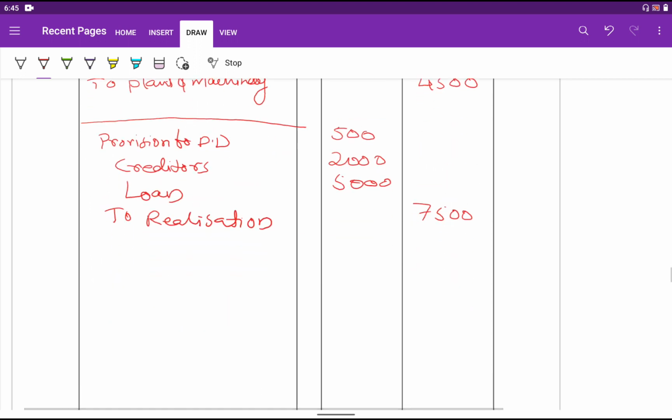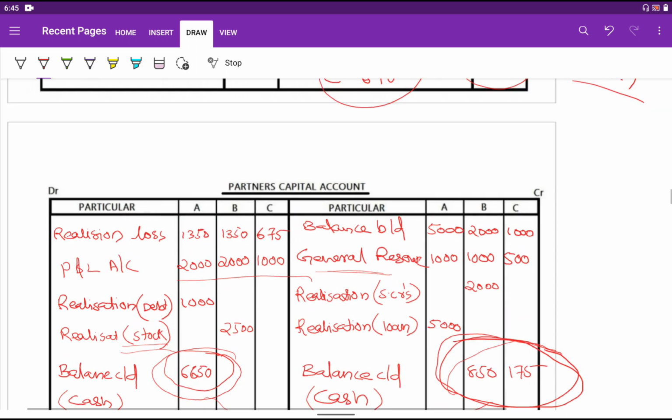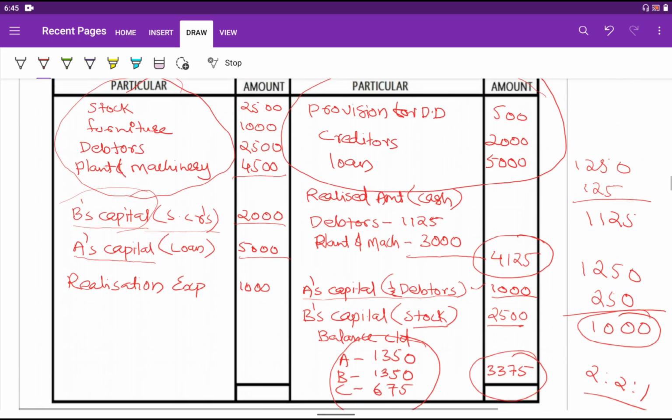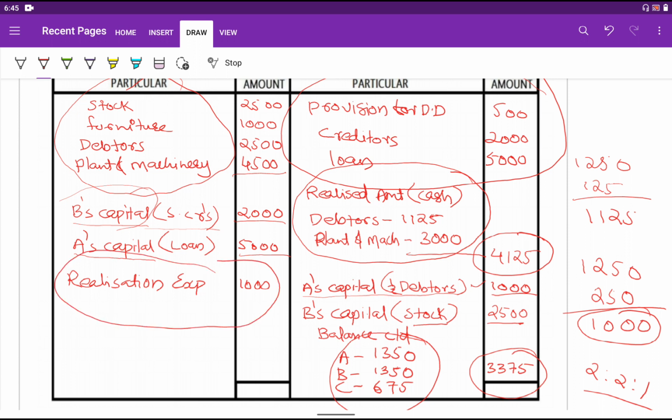Now what anything else is in realization account? We have the realized amount, and also the realization expense.